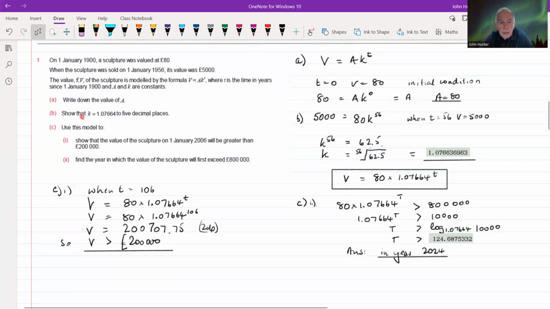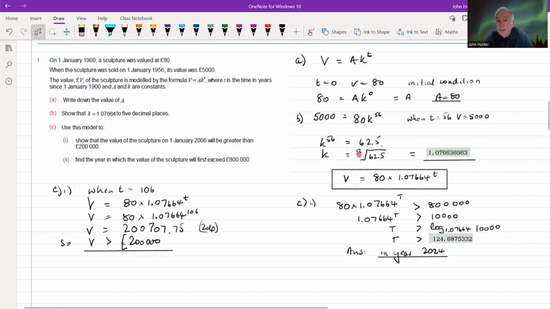And then it says show that K equals 1.07, etc., to 5 decimal places. Well, we've got to the point where we say V equals 80 K to the power of T. So if we then take that equation and substitute T equals 56, V equals 5,000, which is what we've got from this statement, then when we rearrange that, we're going to get K to the power of 56 equals 62.5.